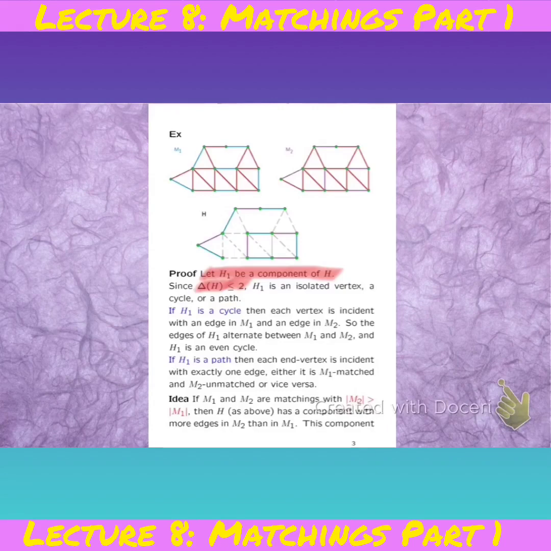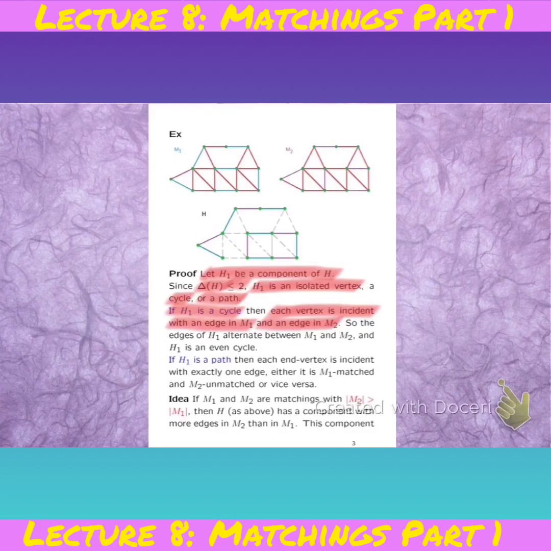Now the implication of this is that this component is either an isolated vertex, or it is a path or a cycle. Now, if this component H1 is a cycle, then obviously each vertex is incident with an edge in M1 and an edge in M2. By the same explanation that I've given previously, you cannot have a vertex incident with 2 red edges or a vertex incident with 2 blue edges.